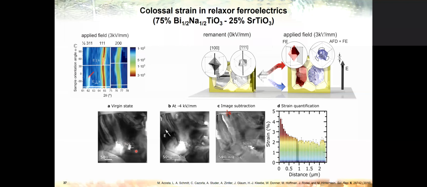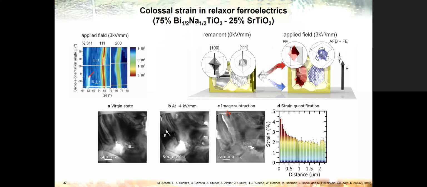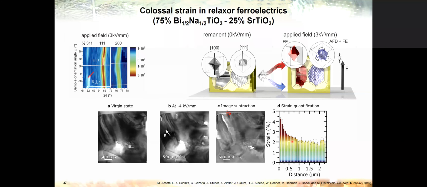And Matthias Acosta even made in situ TEM measurements, and with image subtraction, he could estimate the elongation of the grains, and he found that in TEM, the samples are elongating more than 2%. So this means this reversible field-induced symmetry change leads to an enormous strain in individual grains.